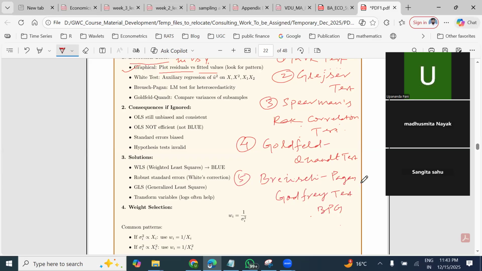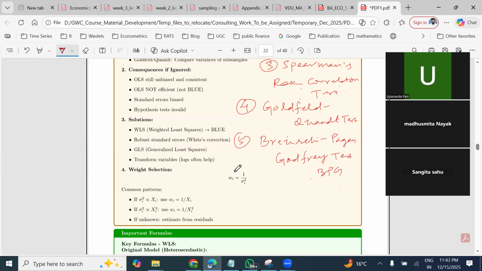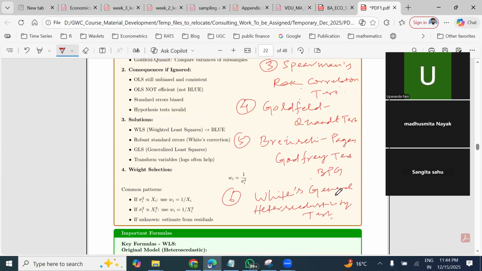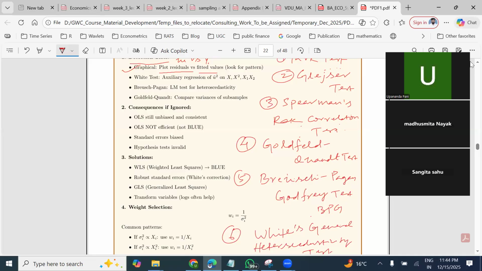Then the sixth test, which is also important, is the White test, White's general heteroscedasticity test. Now the question is, how many tests are there? Six tests are there. Yes or no?